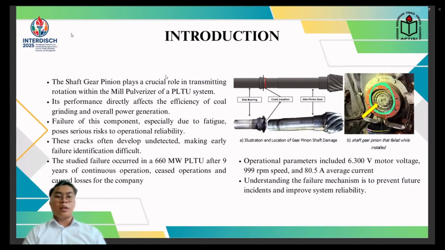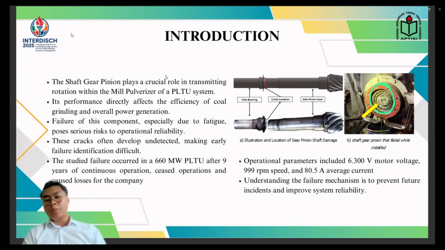Failure of this component, especially due to fatigue, poses a serious risk to operational reliability. A crack often develops undetected, making early failure identification difficult. This study examines a failure occurring in a 660 megawatt plant after 9 years of continued operation, which caused operation stoppage and cost loss for the company.